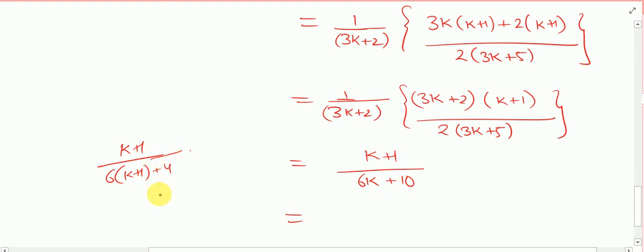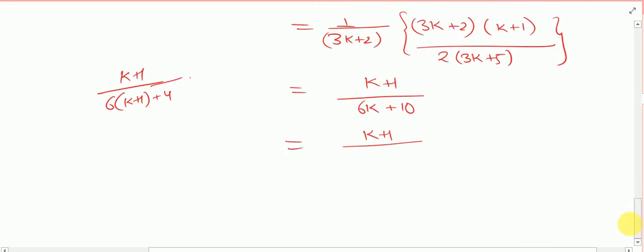So here what we can do is we can write like this: 6k plus 6 plus 4. So we'll get k plus 1 and down we'll get 6 times k plus 1 plus 4.